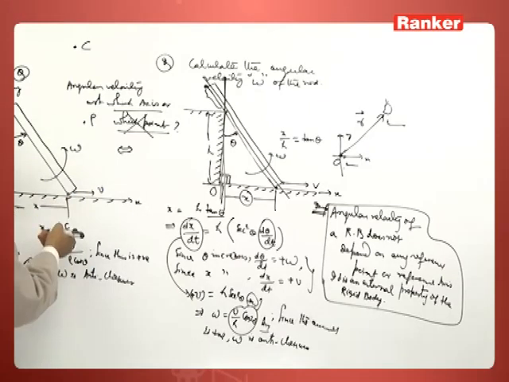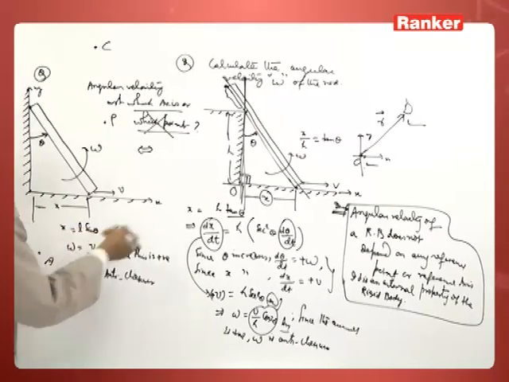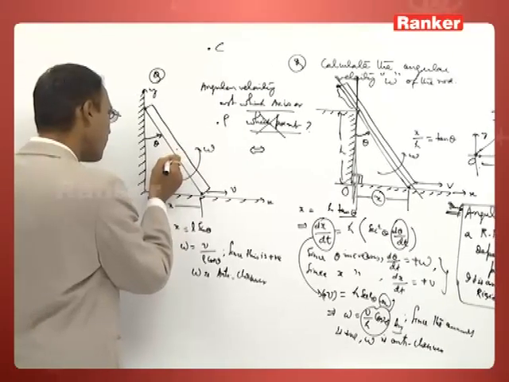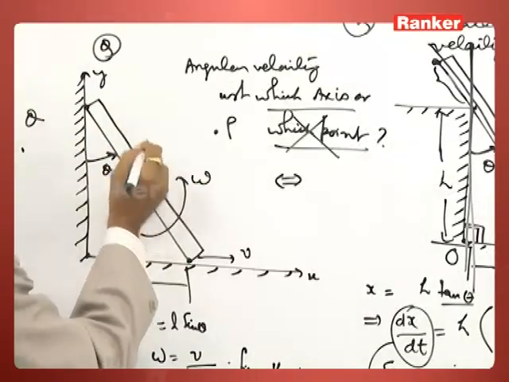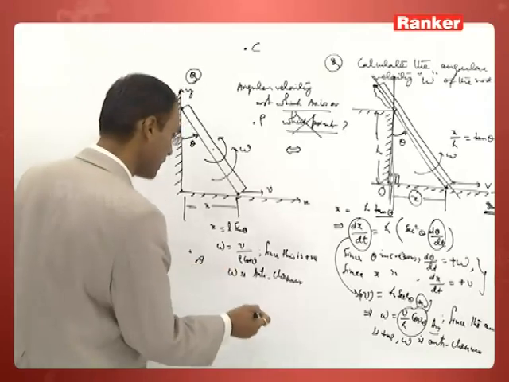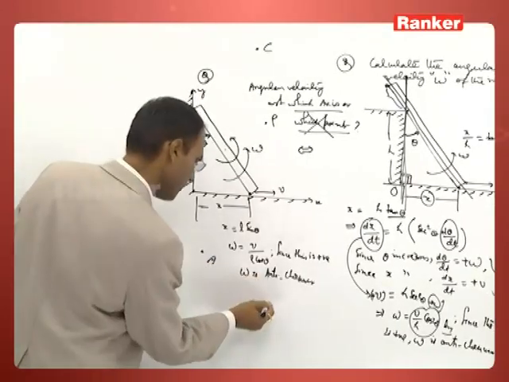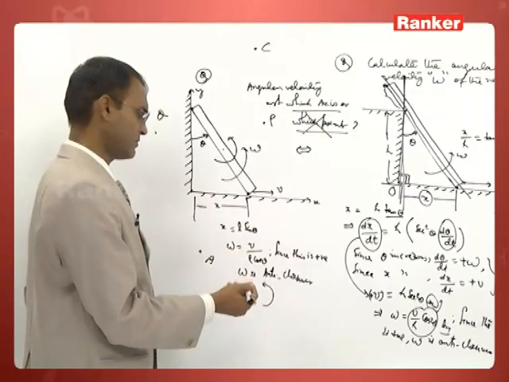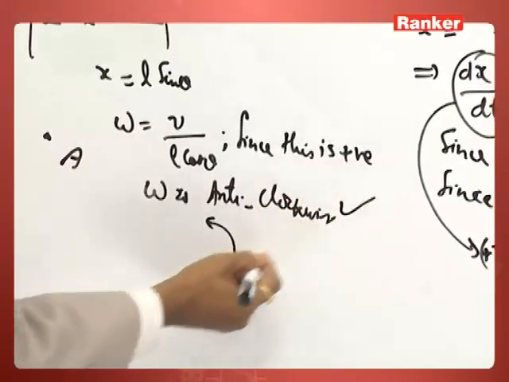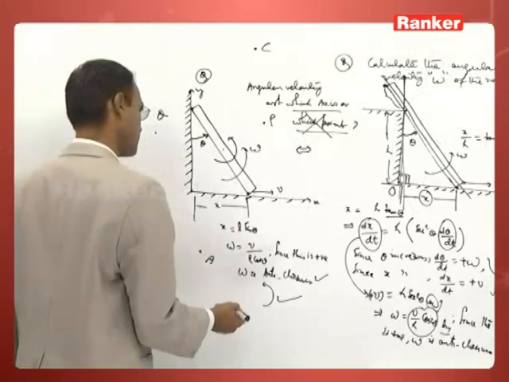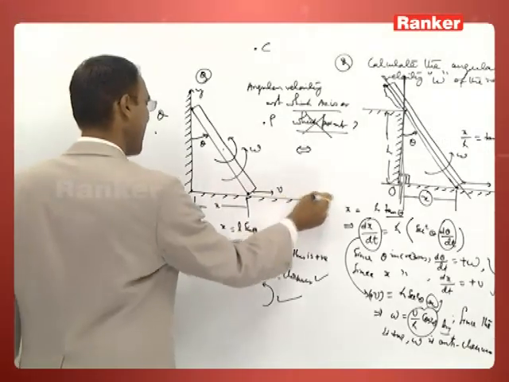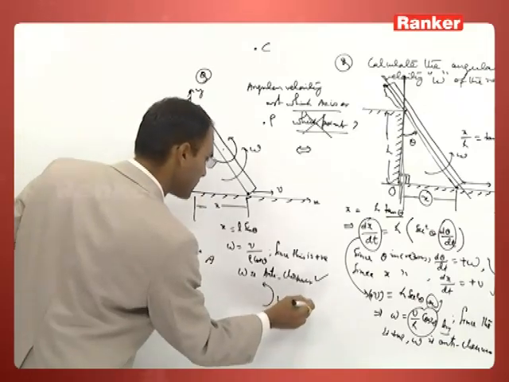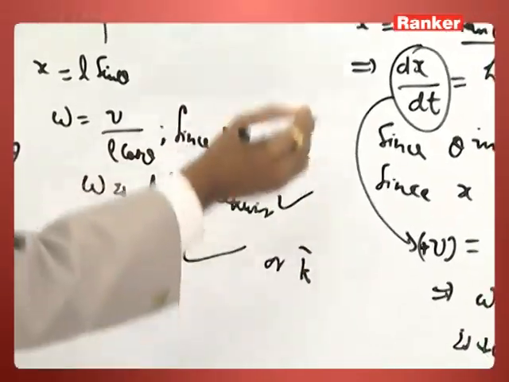Angular velocity anticlockwise. A student may ask, sir, I would like to write the arrow in this way. Anticlockwise means putting the curved arrow in an anticlockwise manner. This is correct, this is also correct. And when you assume this is the x-axis, this is the y-axis, this should be the z-axis. So you can write plus k cap.